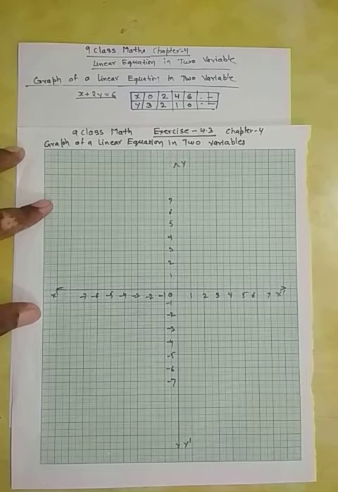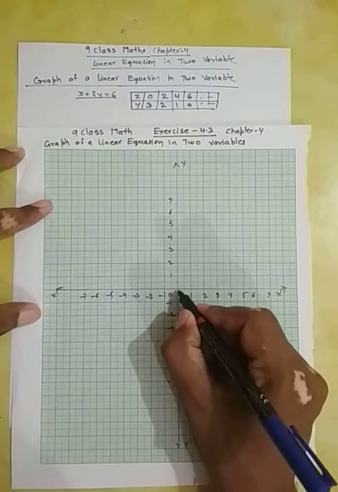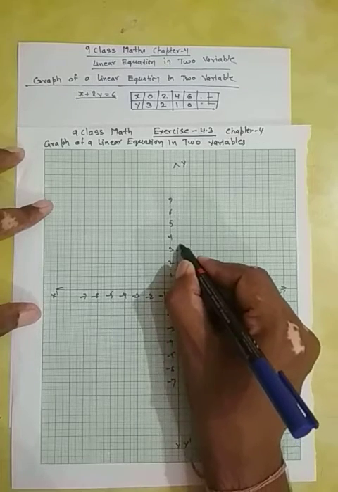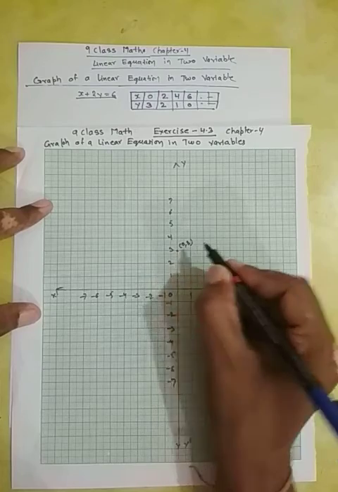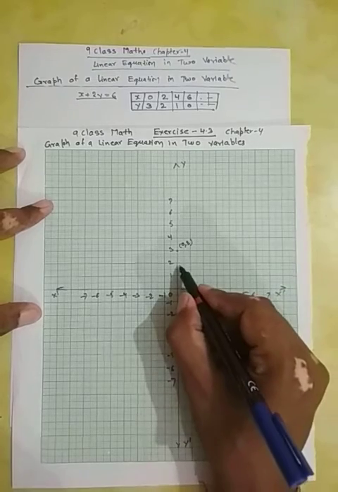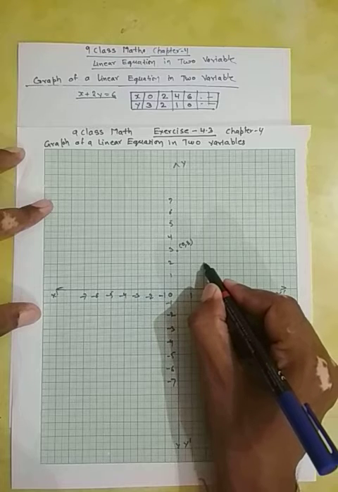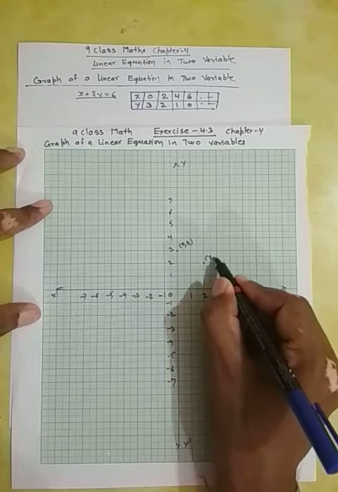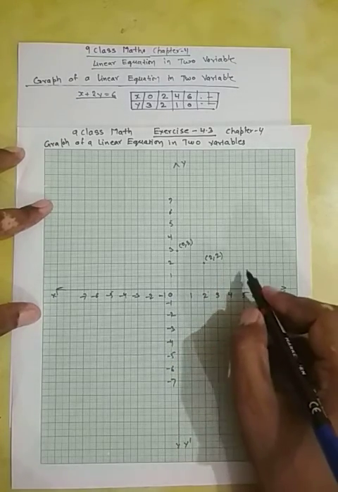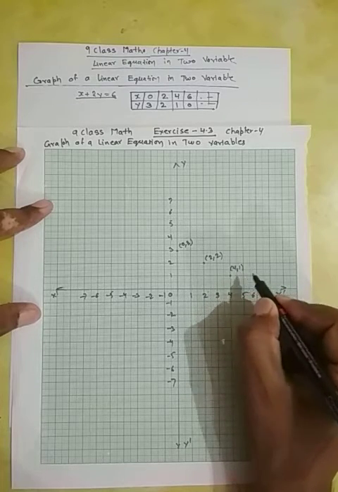Now we put the value of linear equation. What value? x equal to 0, then y equal to 3: 0 and 3. Then x equal to 2 and y equal to 2. The perpendicular line we draw from y-axis and x-axis, then we find this point 2 and 2. Then x equal to 4 and y equal to 1.